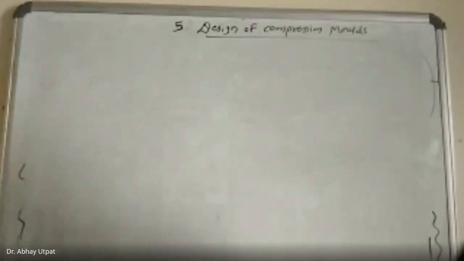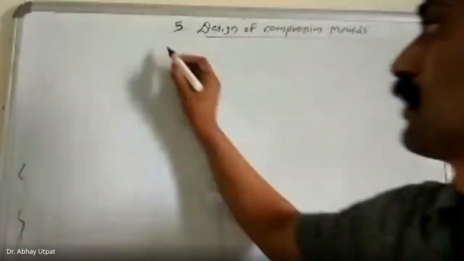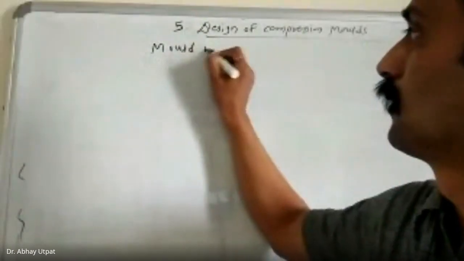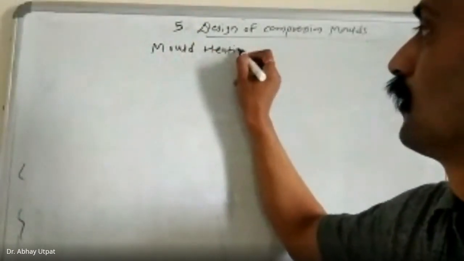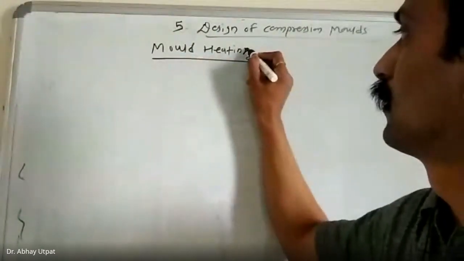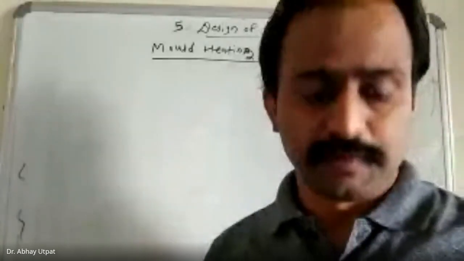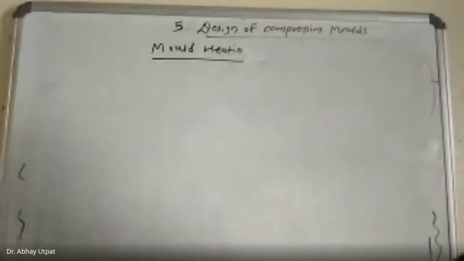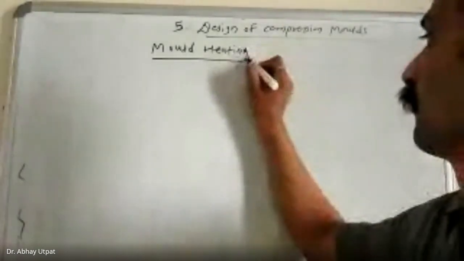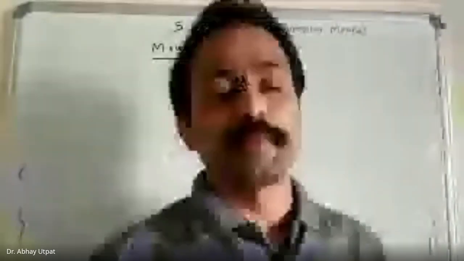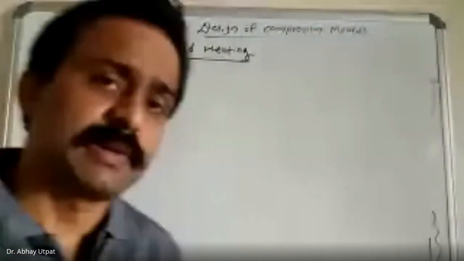So the first important bit from this chapter is mold heating. What is this concept, mold heating? So recall your memories. We have studied chapter number 2, the various plastic making processes.